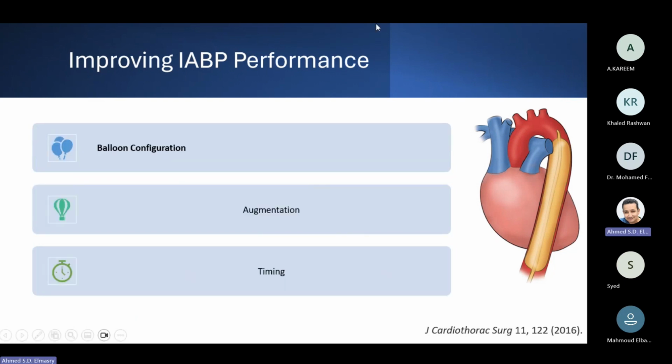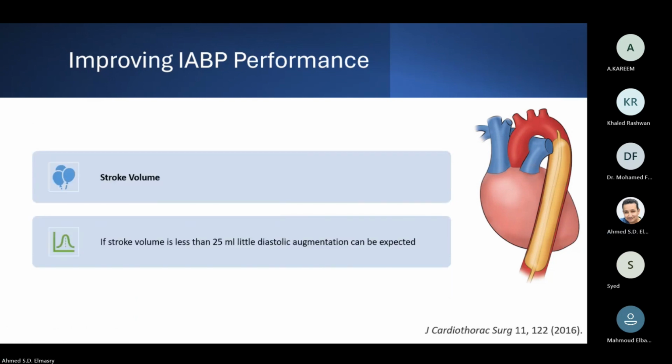And regarding the balloon configuration, the augmentation of the intra-aortic balloon ideally should be set at 100%. If the augmentation is set lower, this will decrease the intra-aortic balloon performance. And if you have a problem with the intra-aortic balloon timing, this will also decrease the performance, and this will be explored later on.